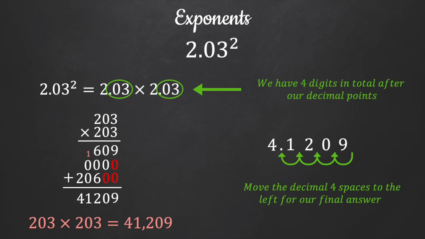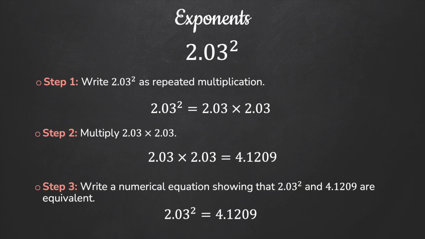So that means that 2 3/100 squared is equal to 4 and 1,209 10,000ths. So let's recap. Here we have 2 3/100 to the power of 2, or we could read this as 2 3/100 squared.